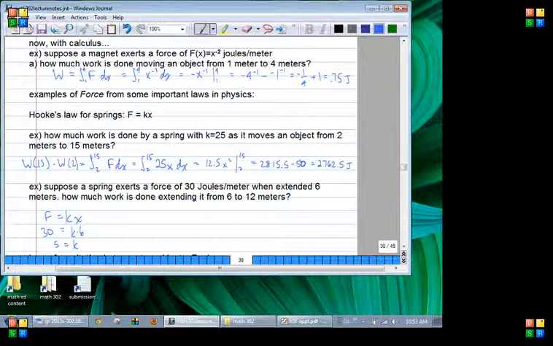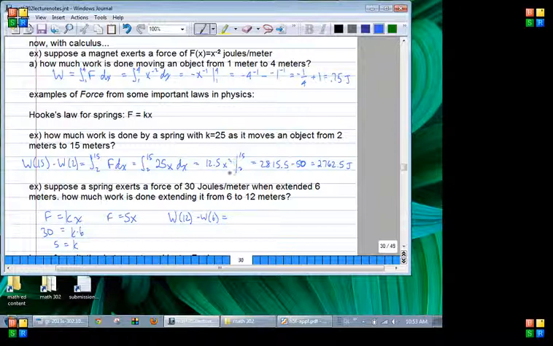Okay. So now we actually know the force formula in this case. So now we know that the force equals 5x, and now you just continue to do the problem like regular. So how much work is done? I'll say work at 12 minus work at 6.